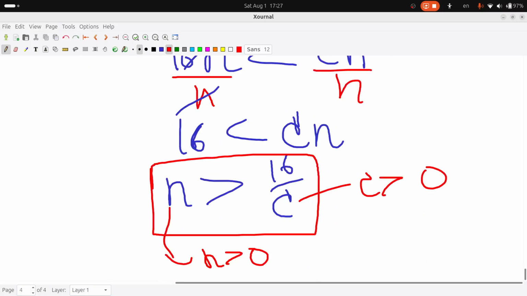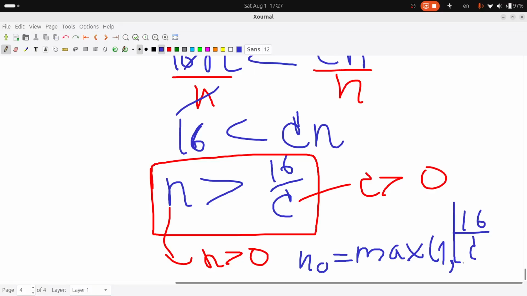Don't forget that we can choose n0 equal to the maximum of 1 and 16 divided by c, plus 1.